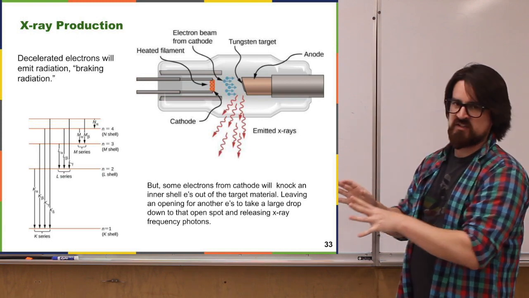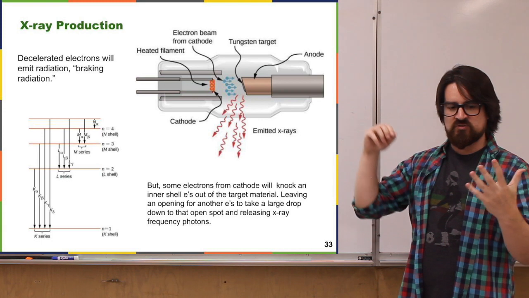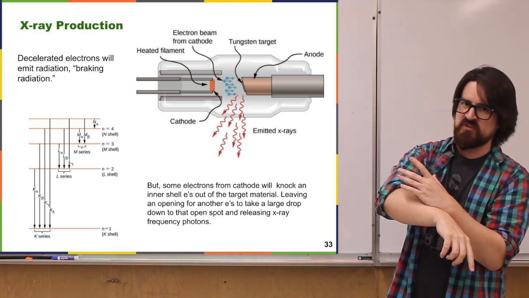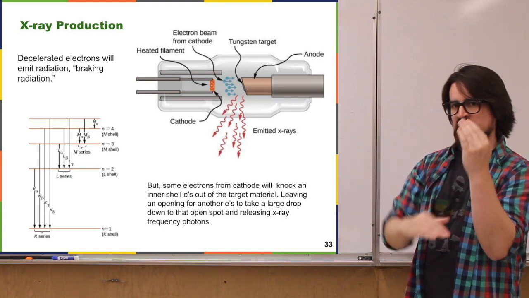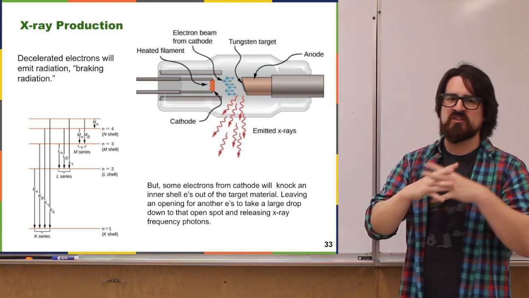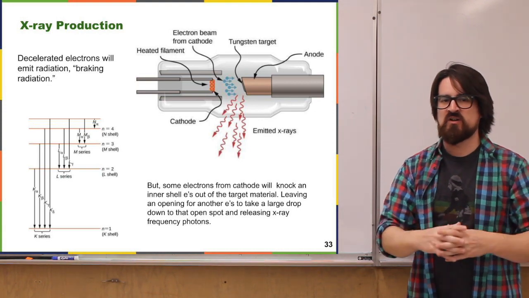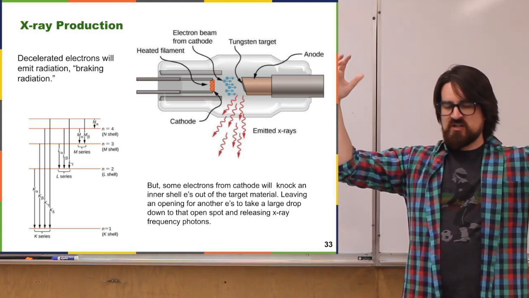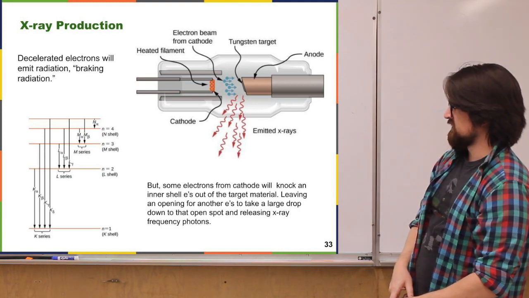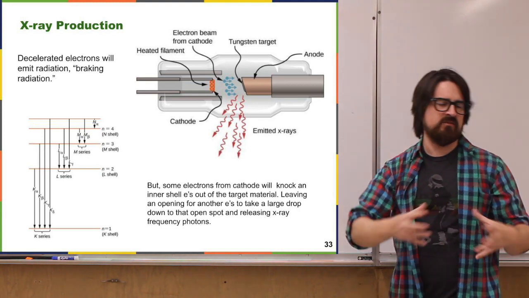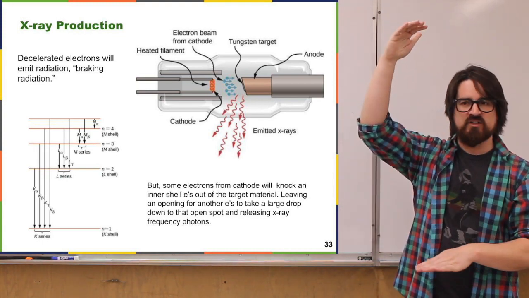The important thing is that these electrons that we're firing at the tungsten are diving into the orbitals and knocking out an electron in a much lower level. So it leaves this hole within the atom, so that one of the outer shell electrons can now make a transition all the way down to that inner energy level. And when you're dealing with atoms that are fairly large, that energy transition can be very large.